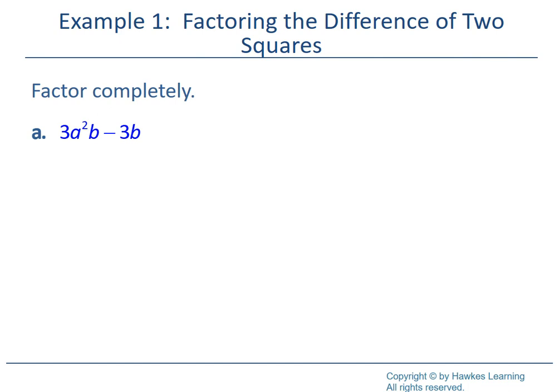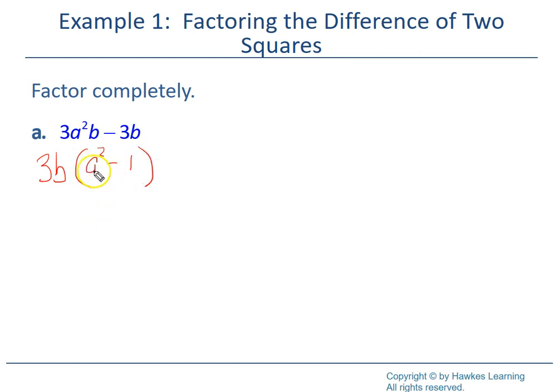Let's look at this one. So again, they always start us off easy. First thing is to see what we can factor out of each term. As we look at this, there's a 3b that we could factor out, and then we're left with a squared minus 1.